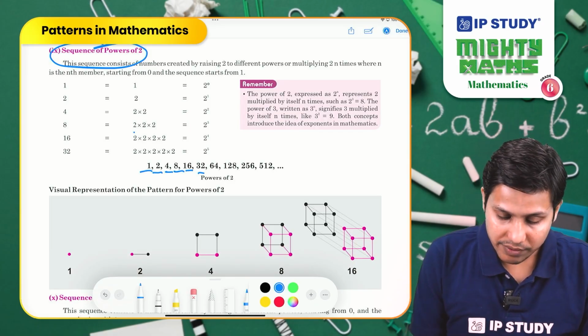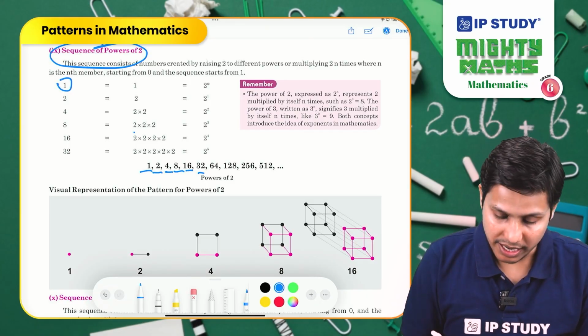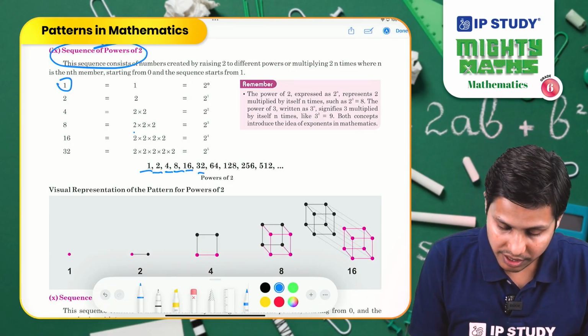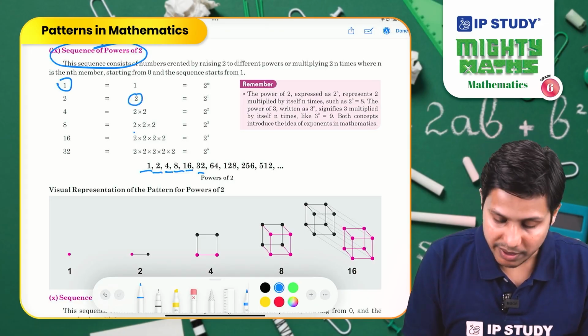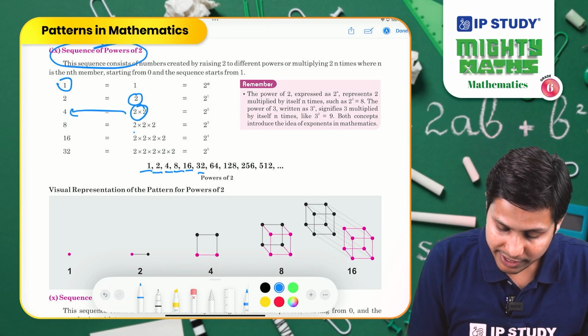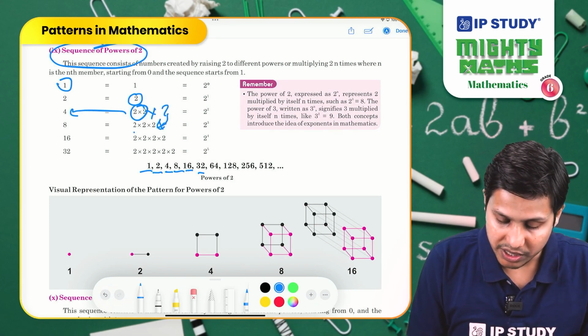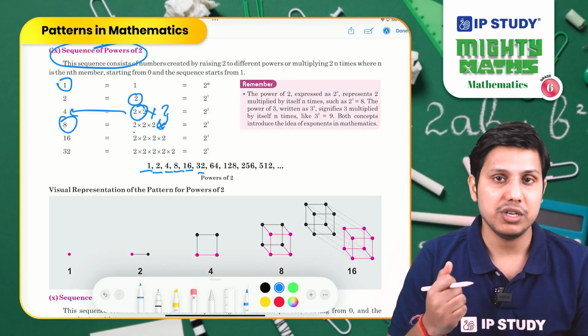It starts with 1, and 2 is multiplied every time at each stage. Like, start with 1, then 1 is multiplied by 2, so 2. Then 2 is multiplied by 2 again, which is 4. Now 2 is multiplied to the previous expression like this, which you can see over here, so it becomes 8. So every time 2 is multiplied to the previous expression, students.